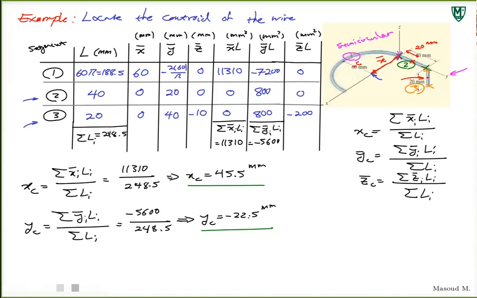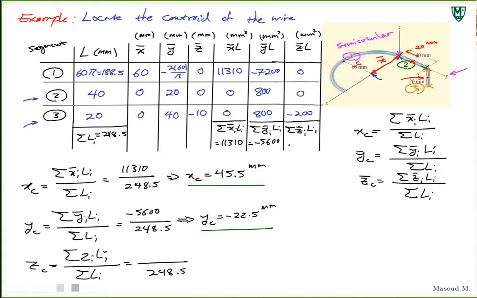ZC is the summation of Z bar I, LI over the total length, summing all the lengths. We already have this one, 248.5, and summing up the multiplication of all Z bars and lengths, this is just minus 200, but let me write it right here.